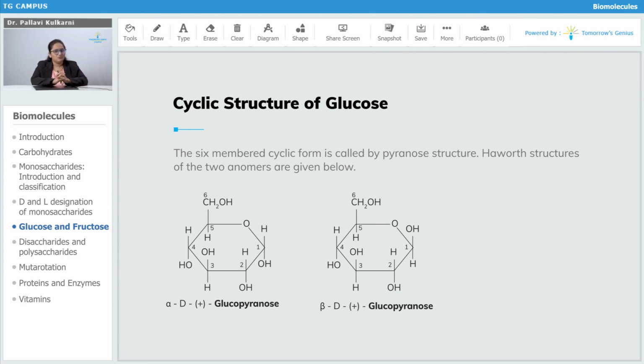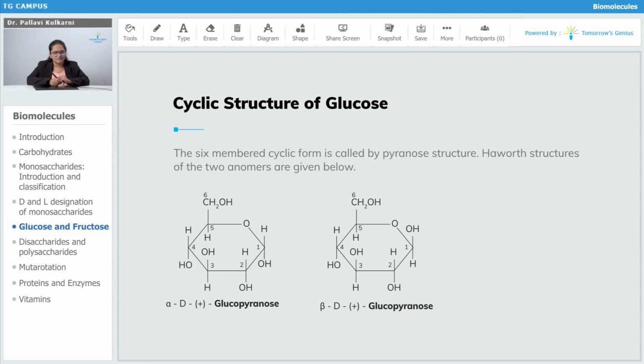So while naming glucose alpha as well as beta, we name it like this: alpha, D or L, whatever it is, alpha or beta, glucopyranose, because it has a 6-membered ring, which is nothing but the pyranose ring. You can see the position of the OH groups in the cyclic pyranose structures, that is the Haworth formula of both glucose, alpha and beta.